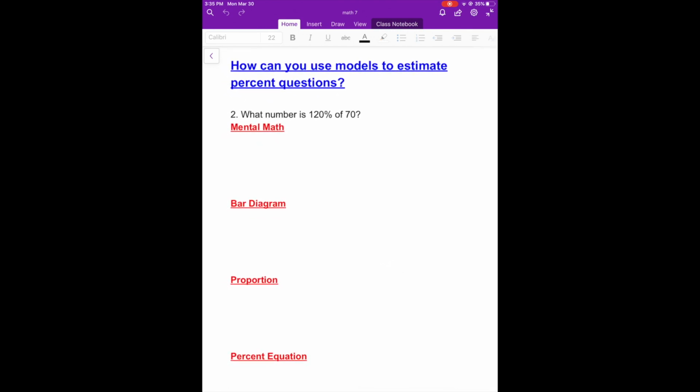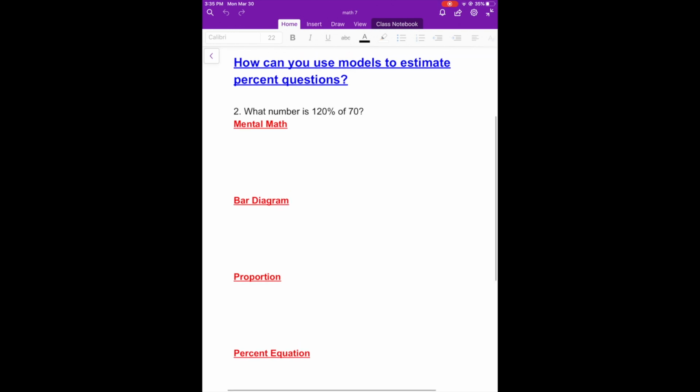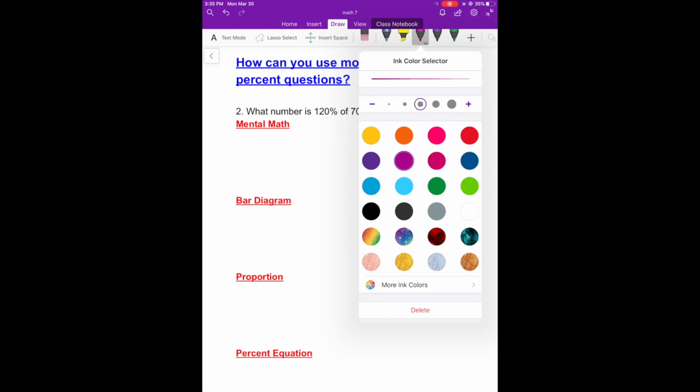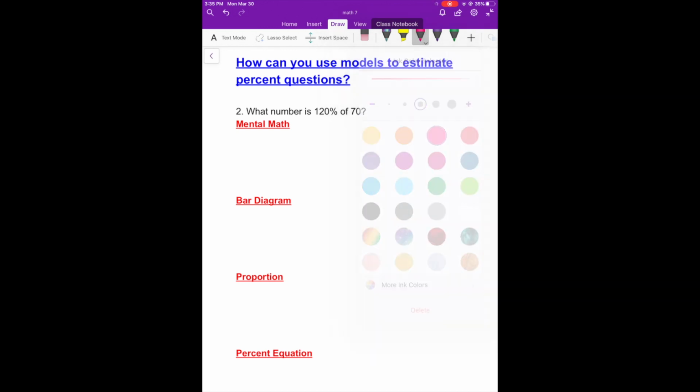Now let's look at another problem. It's 120% of 70. So 120% of 70 is more than 100%. So the answer is going to be more than 100% of that number, which is 70. So your answer is going to be more than 70.